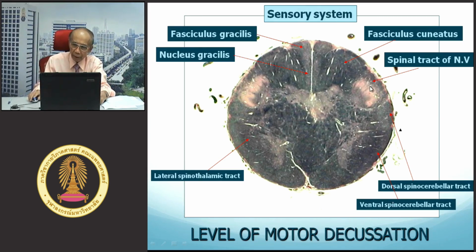The spinal tract of the trigeminal nerve is concerned with pain from the ipsilateral face, and the lateral spinothalamic tract with pain from the contralateral side of the body. The dorsal and ventral spinocerebellar tracts are involved in unconscious proprioception from the ipsilateral limbs.